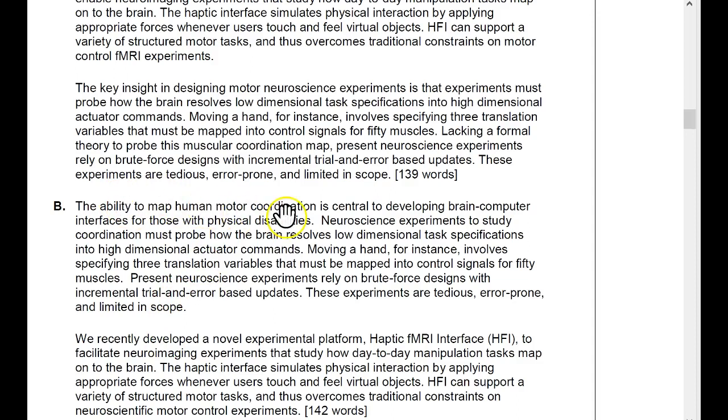So it begins by saying mapping human motor coordination is central. So the first sentence I see is the significance. The next several sentences from here through here, I would describe as the status quo.